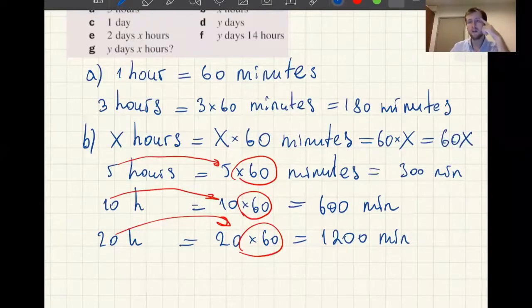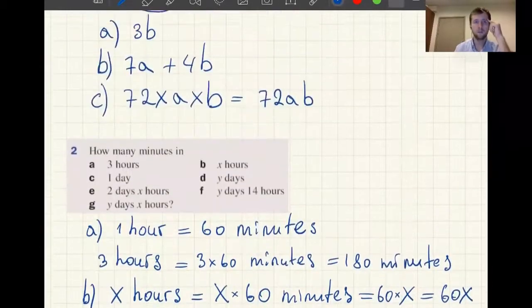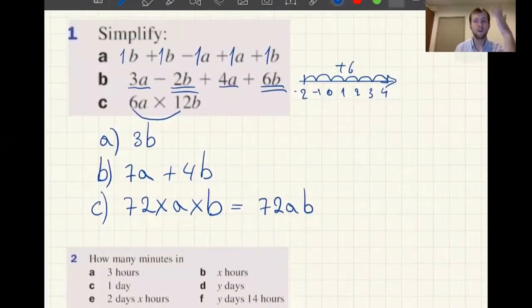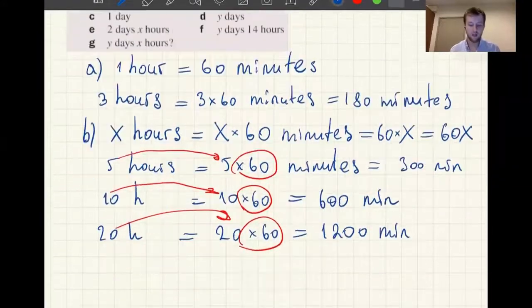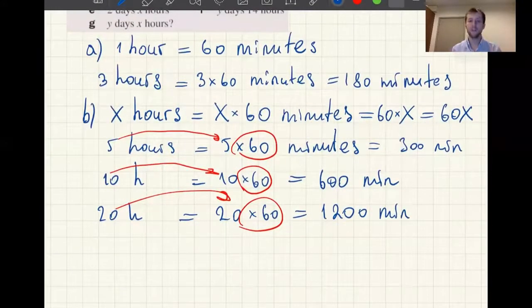You can think about it, for example, if you have 3 bananas, it's like 3 times banana. It's banana 3 times. Okay, so anyway, 60X minutes. X hours have 60X minutes in them. This is the answer to question B.